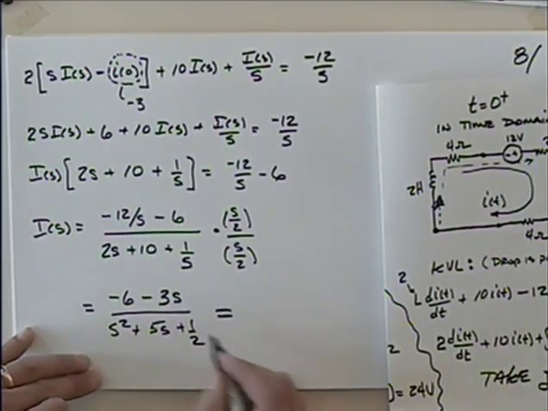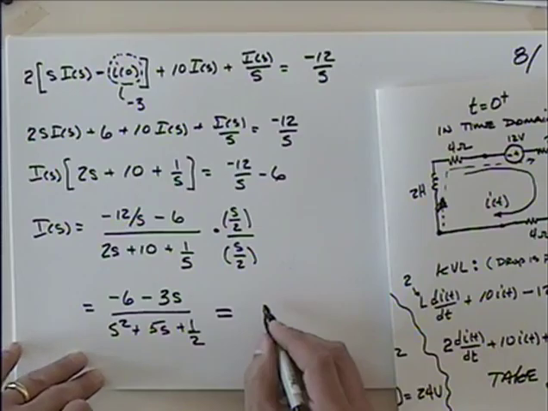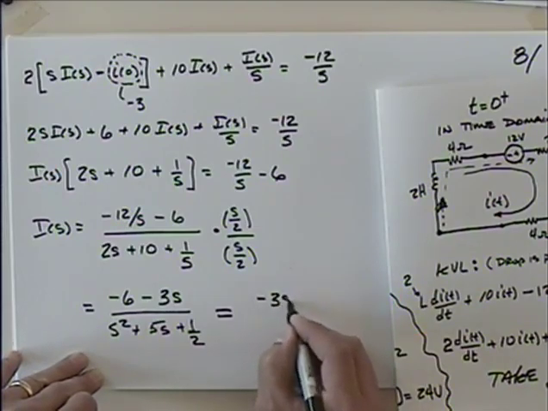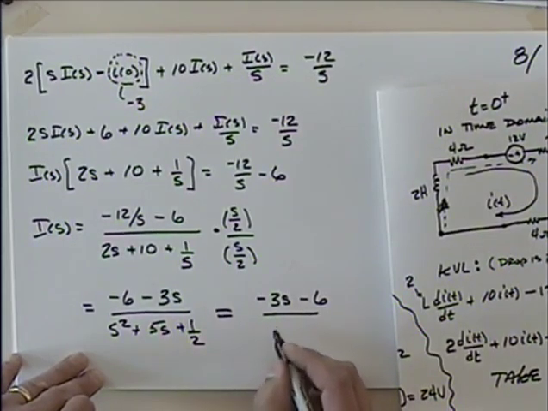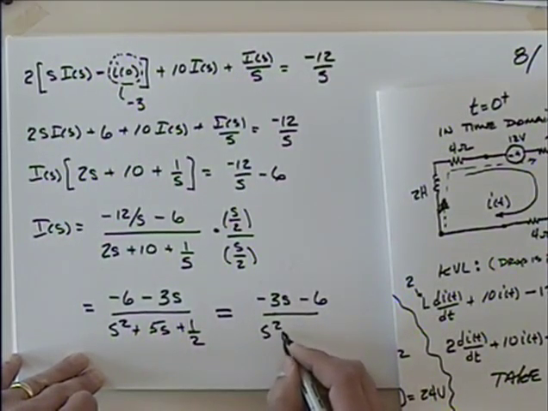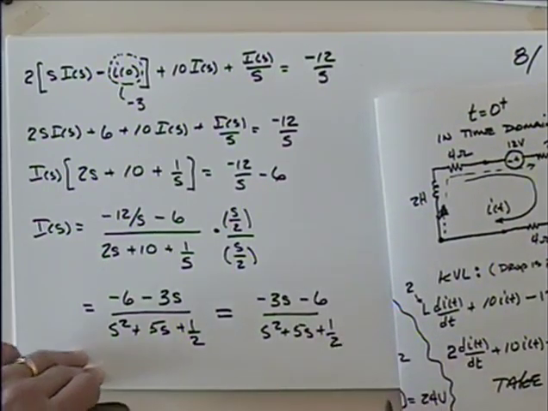So I'll clean this up a little bit more to get my orders correct here. Minus 3s minus 6 divided by s squared plus 5s plus a half.